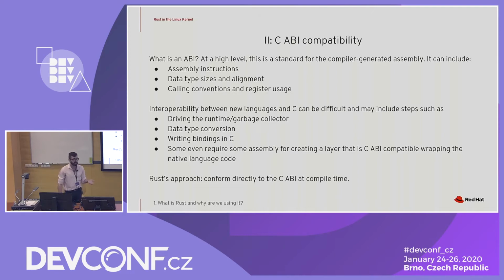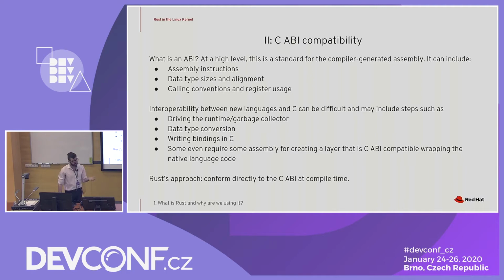So this includes things like consistent assembly instructions, data type sizes and alignment, and it's also going to be calling conventions and register usage. So this is very important when it comes down to interoperability between languages.